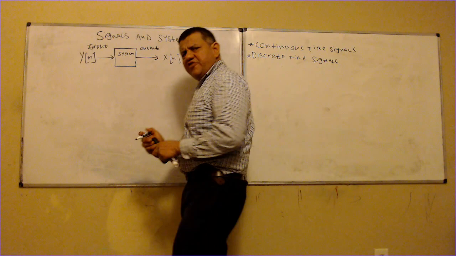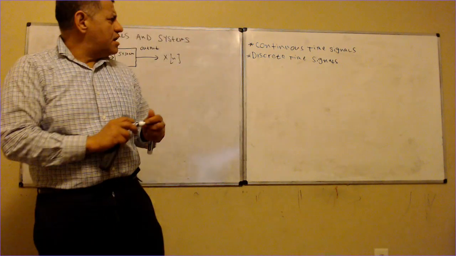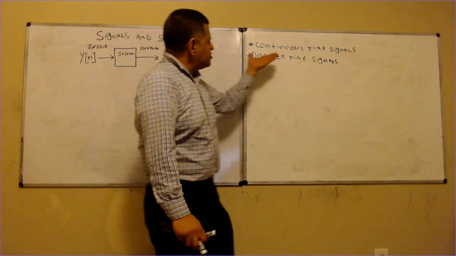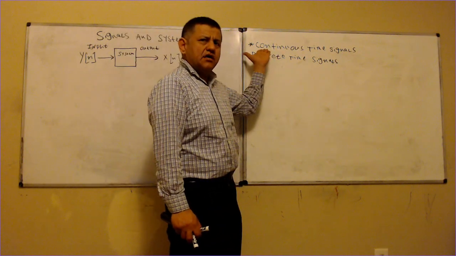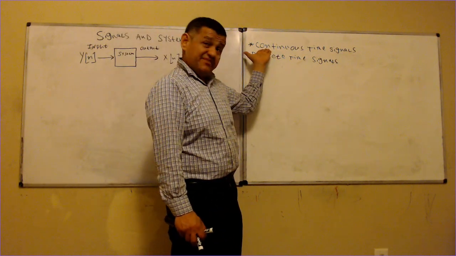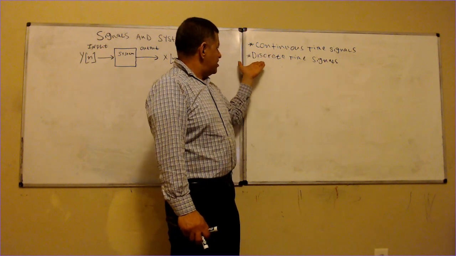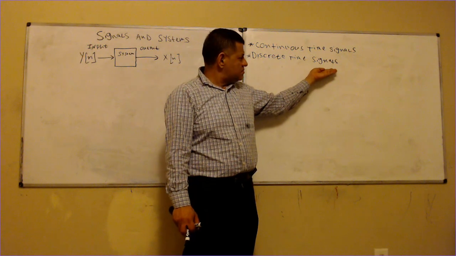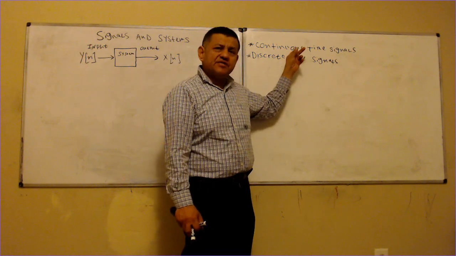So we have the different signals, right? Like I was saying, the analog signal would be considered a continuous time signal. The discrete signal would be zeros and ones. I understand this type of signal.